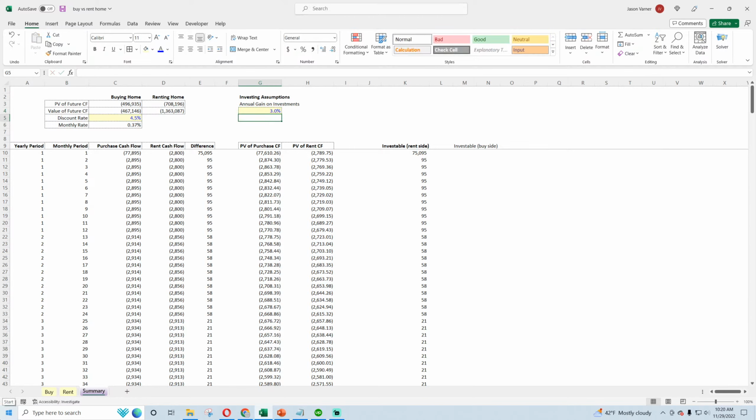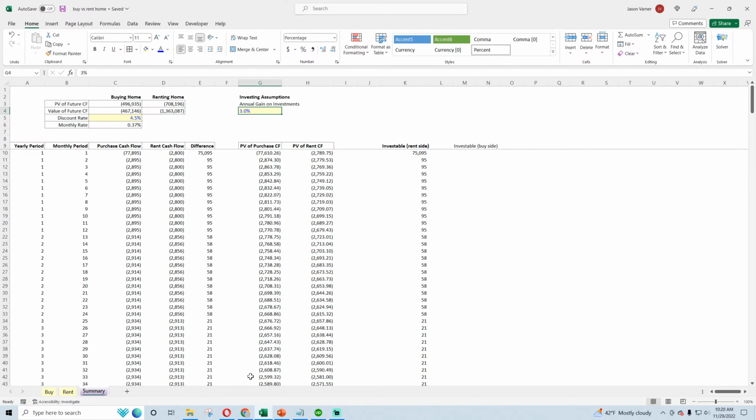But you can just put some assumption here. It's going to be different for everybody. But let's say you think by investing your money, you can get a 3% compounded return on your capital.